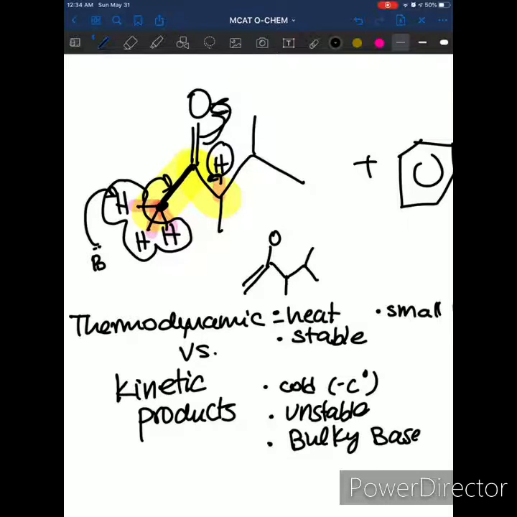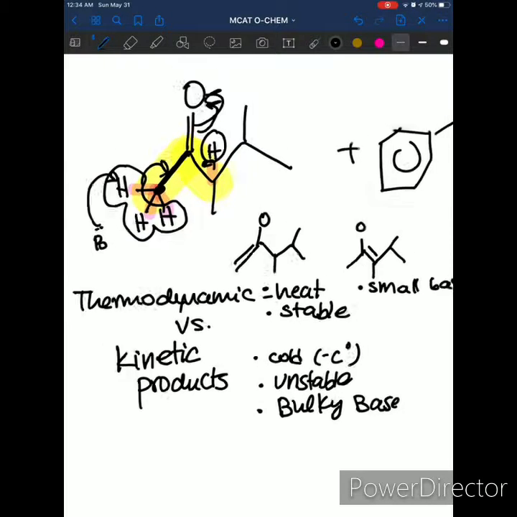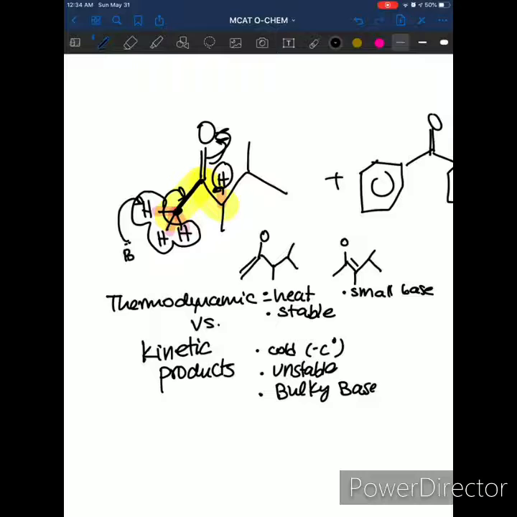Well, if I were to pull off this hydrogen, my double bond would go here, and I'd have that again. So I would have something like this. So that's what that would look like, right? So now let me go ahead and compare. Which one is the most stable? Well, it looks like this is the most stable.